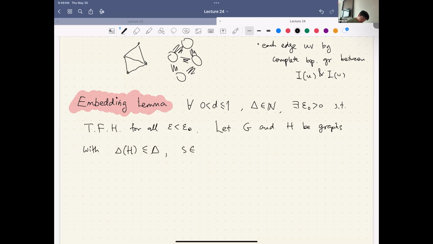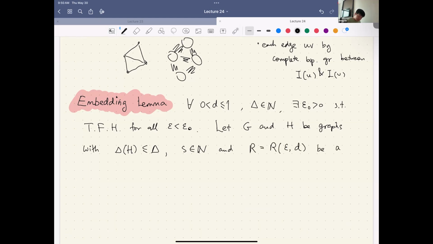And then we also take some natural number s, and let R be a reduced graph of G. So what does this sentence mean?